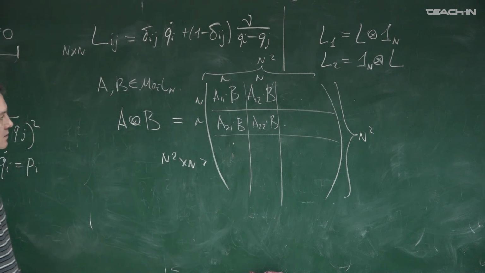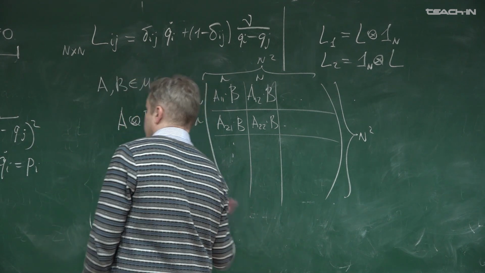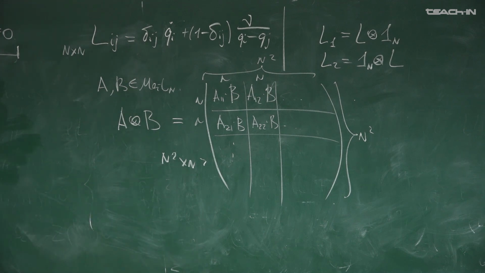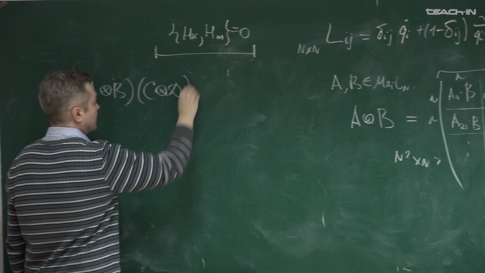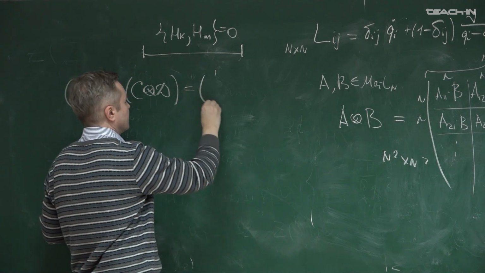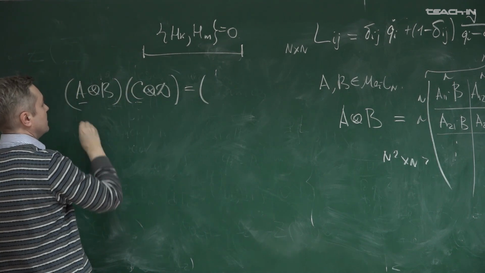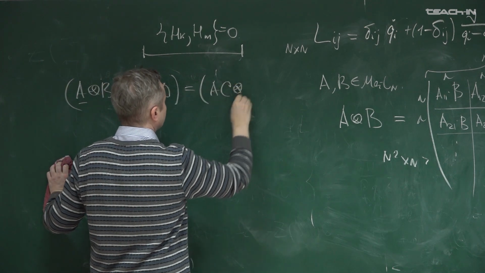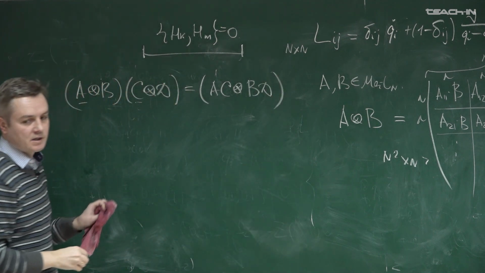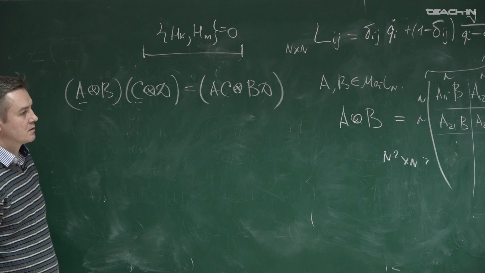With this definition, we have some nice properties. For example, if you multiply tensor products, then the multiplication rule is very simple. You just multiply A by C, all times B by D. So you just act in a certain tensor component.